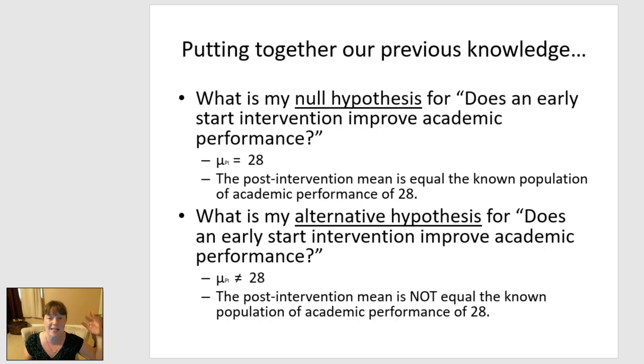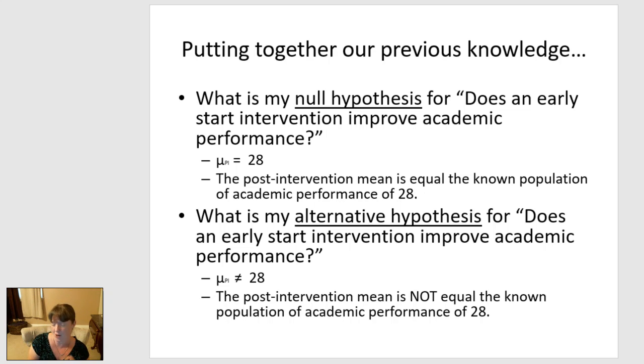And if I happen to get a sample average above that, that's just sampling error, random error. I just randomly got something a little bit higher, not because Head Start works, right? After they get Head Start, their average is still 28.